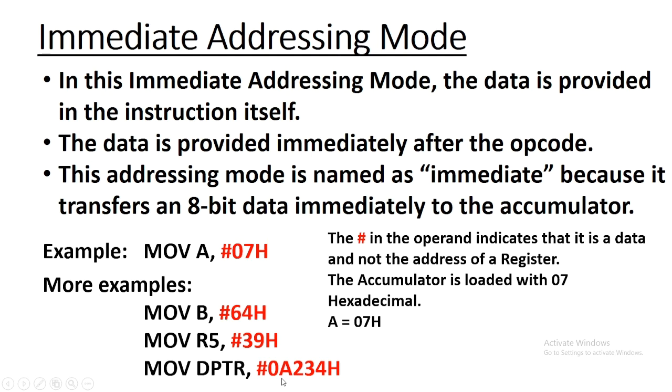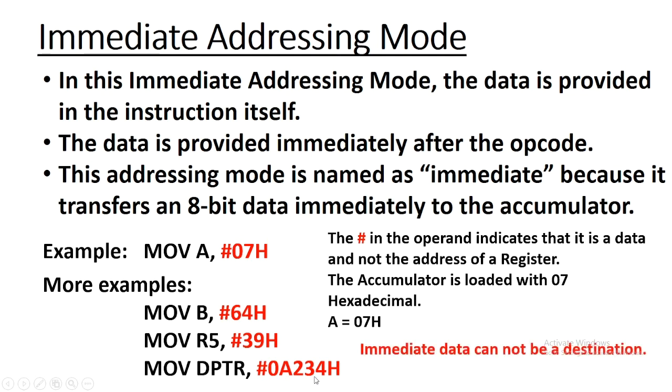There is another convention that if your immediate data or the address of a memory location starts with a letter, it should be preceded by 0, and that's why there is a 0 before A, and a hash sign indicates that it's immediate data.